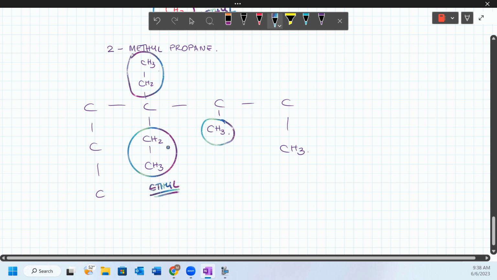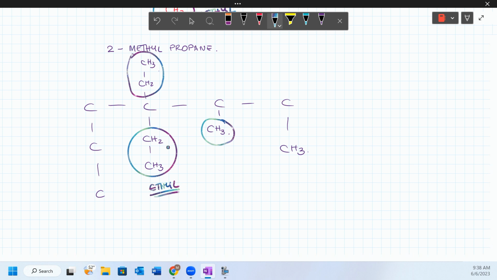So this comes first into the naming when we are naming this hydrocarbon, independently of whether it is the first branch that we see when we label the carbon or not. And this is methyl. Now let's start labeling and finding the longest chain.